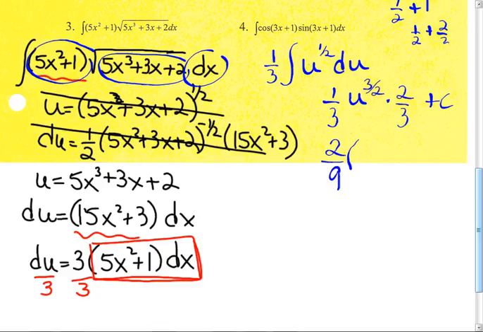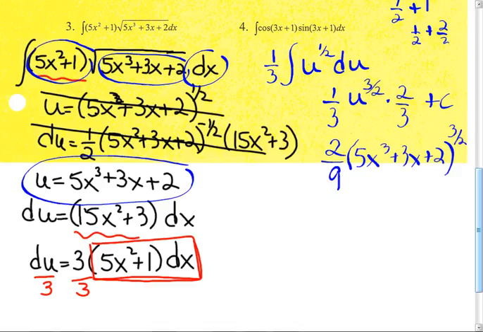And then I've got to put the u back. What was u? Then I have to go back and find it. There's u: 5x cubed plus 3x plus 2, and it's to the 3/2 power. Then I can take the derivative to see if I did it right. A lot of you don't want to do that, but you really should.